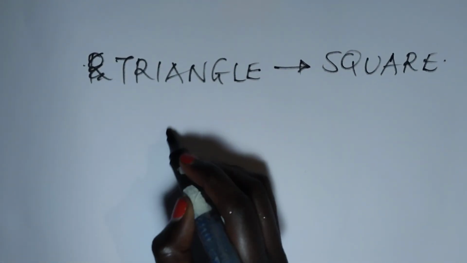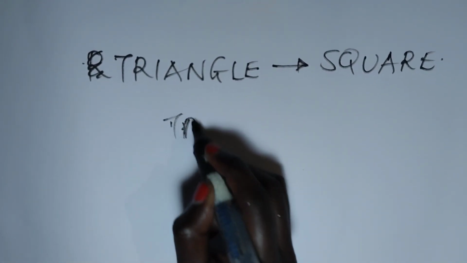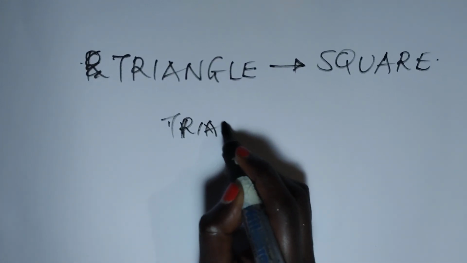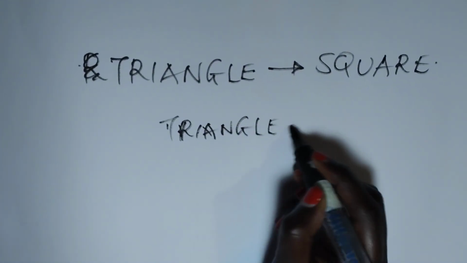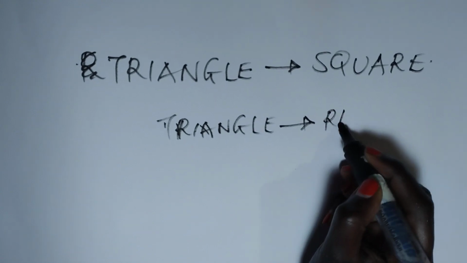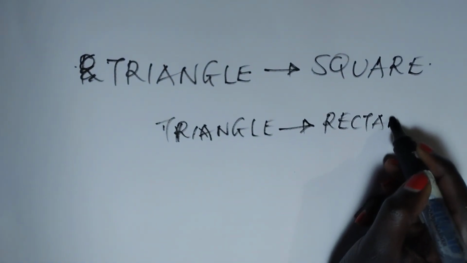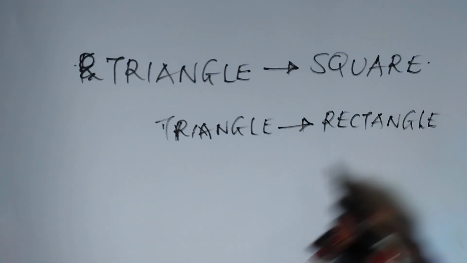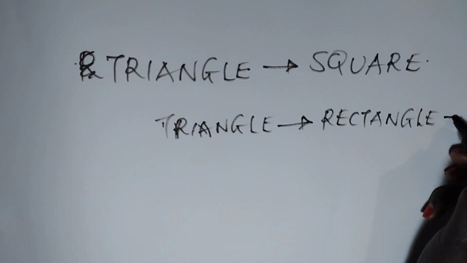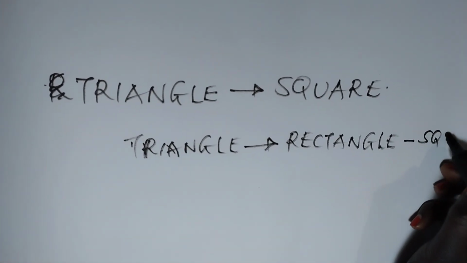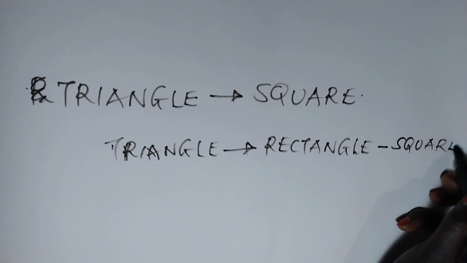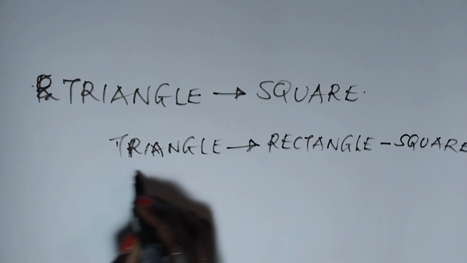So the first step, you have the triangle. Then from the triangle, you'll construct the rectangle. And then from the rectangle, you'll have your square as the final product. So you already know all these steps.